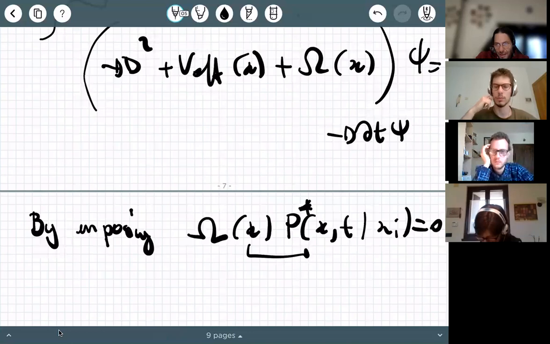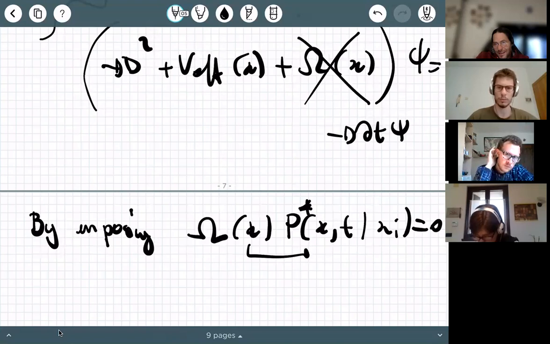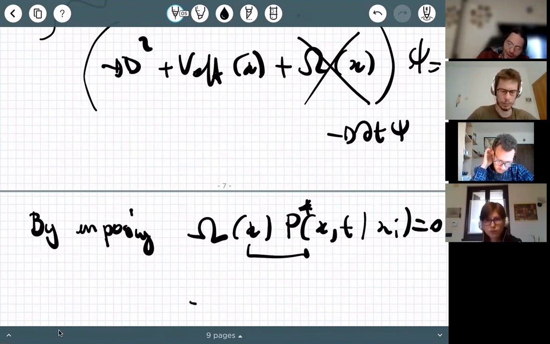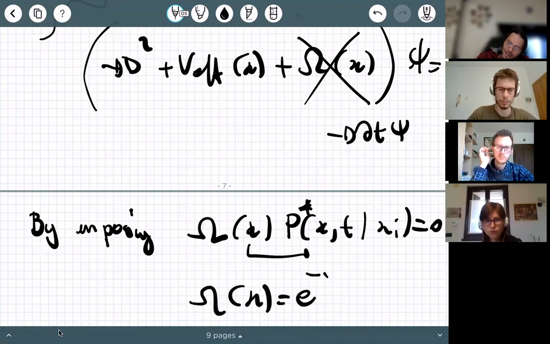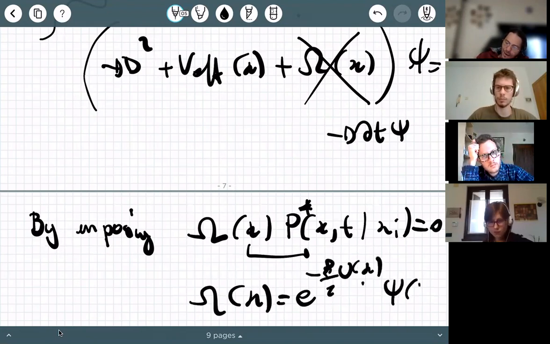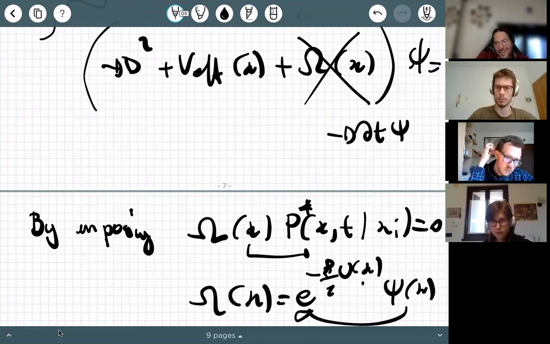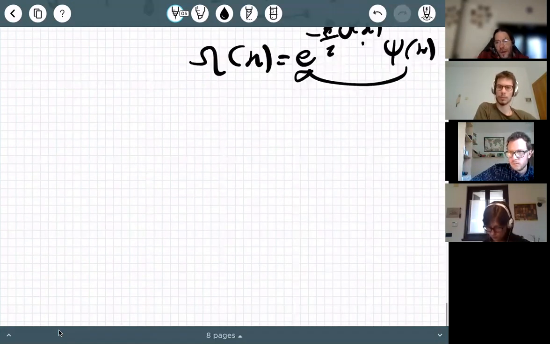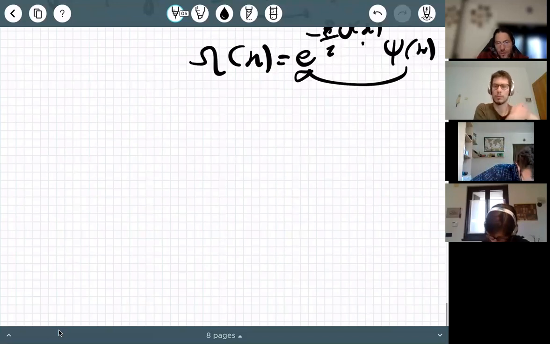Okay? We understand that this term can be taken away because it gives you 0, right? To be pedantic, this is going to be e to the negative beta half U(x) times psi of x, and then I can take this in front. And this is 0, okay? So we have proven that psi and P obey the same Fokker-Planck equation with different boundary conditions. No big deal.